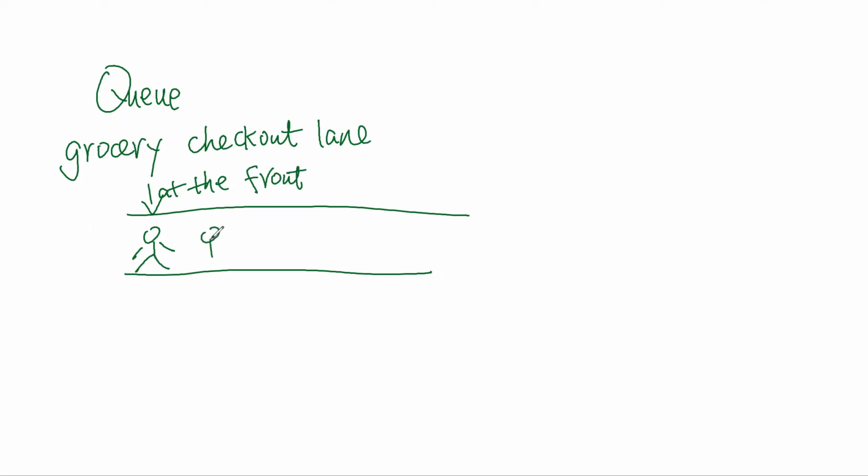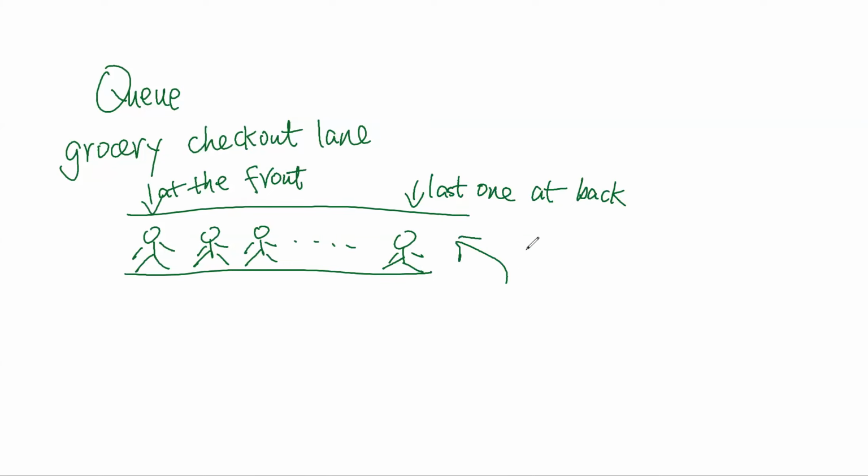And then the second one needs to follow the first, and then the third one. And whoever is the last one is going to be at the back. So that's how you join the line.